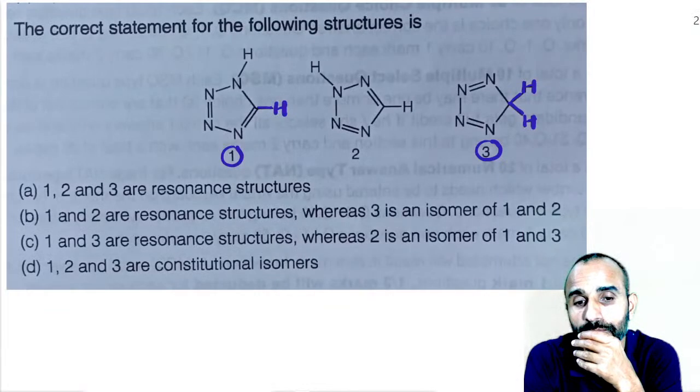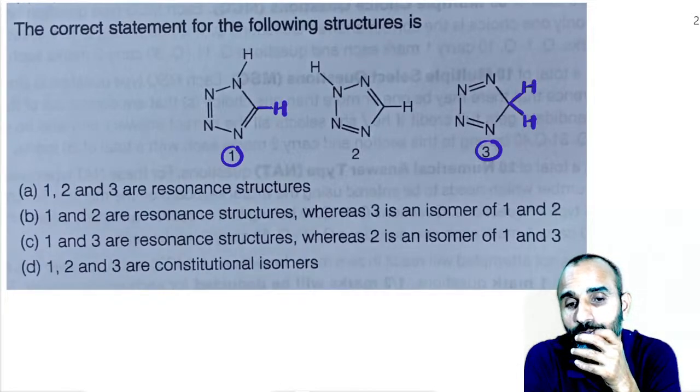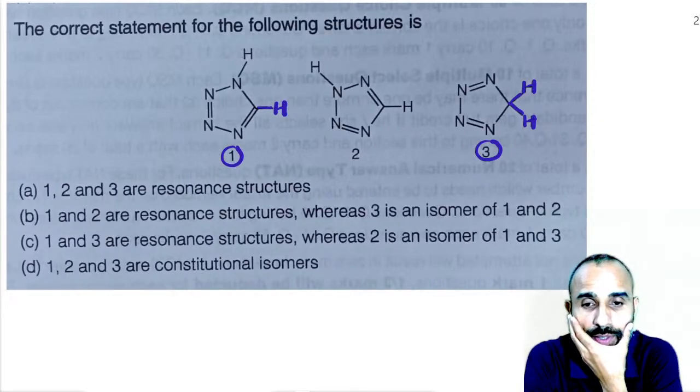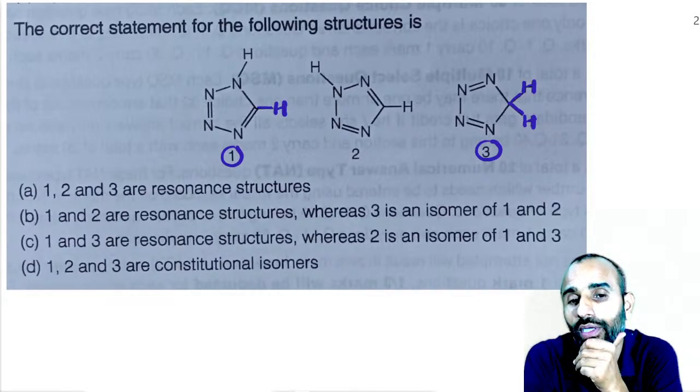Sir, can one and two be resonance structures? Sir, I think one and two can be resonance structures. There is one carbon nitrogen bond, one nitrogen nitrogen bond.